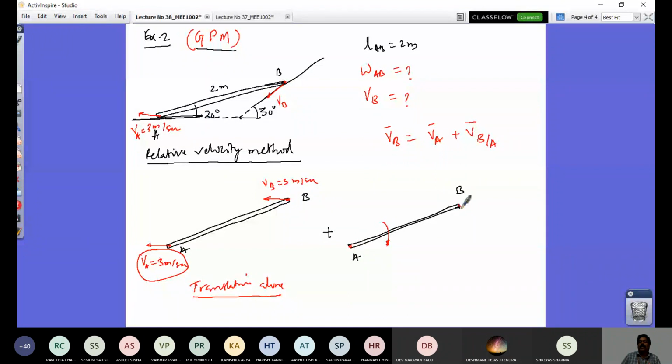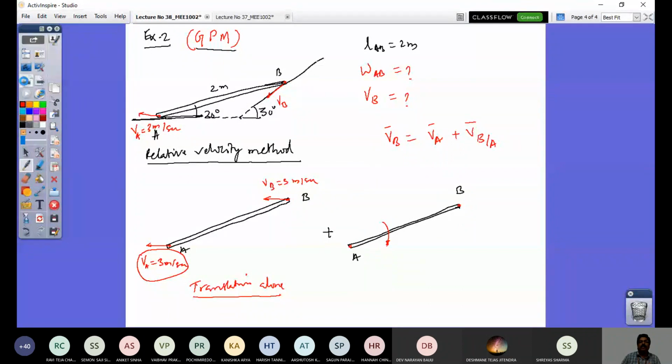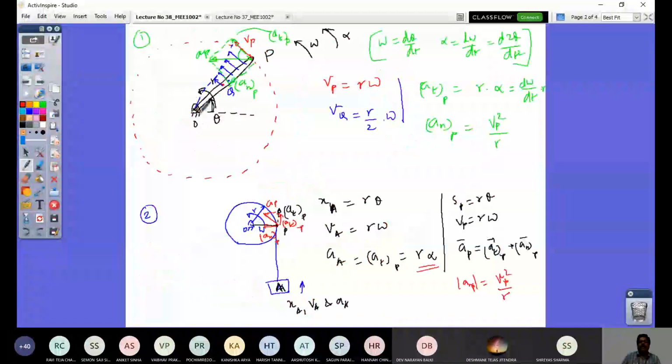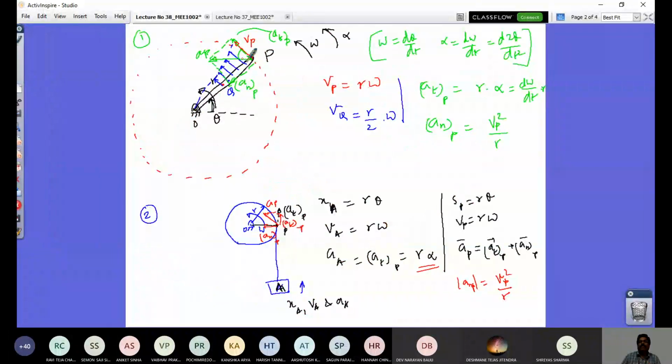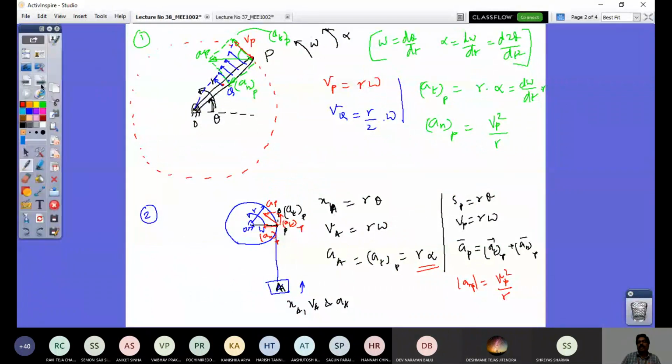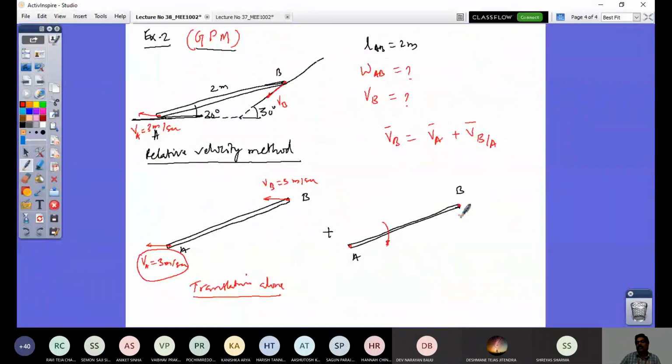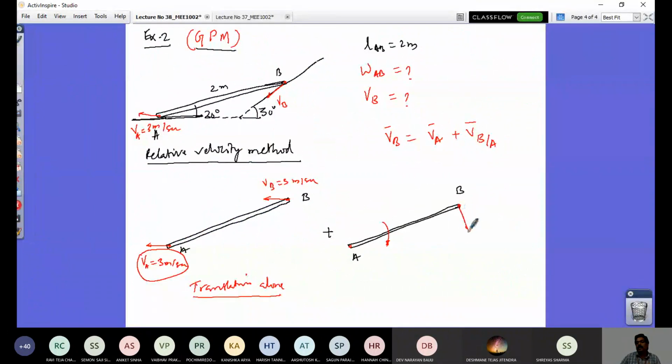We have seen earlier, when I was explaining, if the bar is only rotating like this, in counterclockwise, the velocity is in this direction, tangentially. If you have understood this, then it is very simple here. The velocity of B with respect to A is at right angle to this bar, and this is the velocity of B with respect to A. And this is what is omega AB.